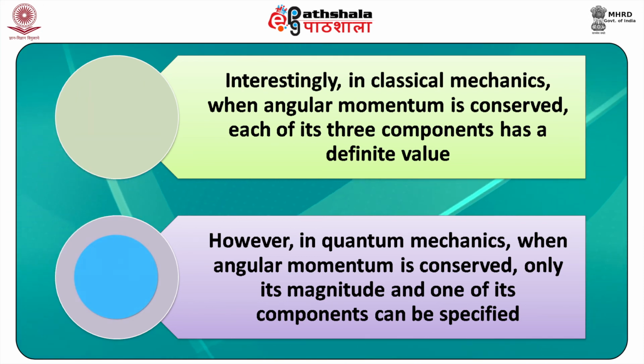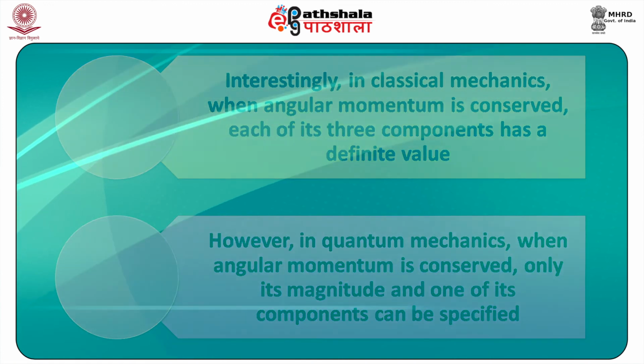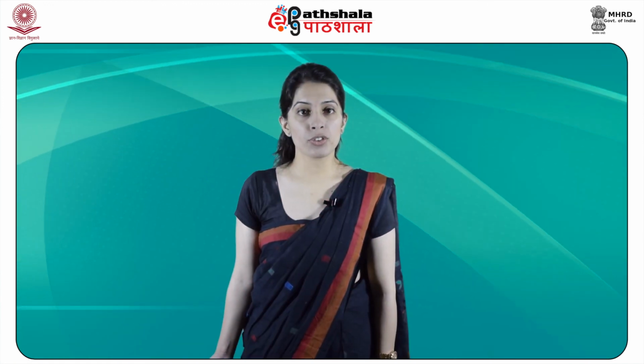However, in quantum mechanics, when angular momentum is conserved, only its magnitude and one of its components can be specifically defined. The above commutation relations that we have derived, [L², Lx], [L², Ly] and [L², Lz], hold true for both spin and orbital angular momentum respectively.